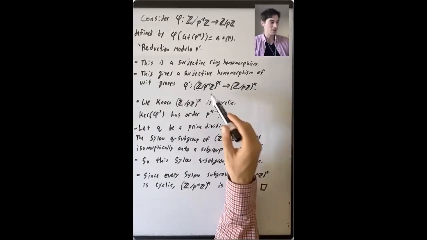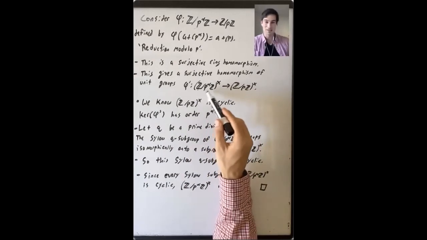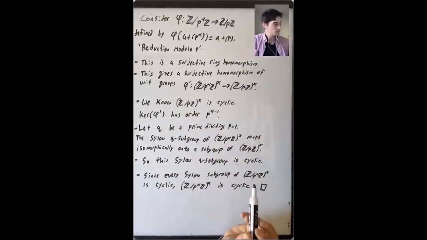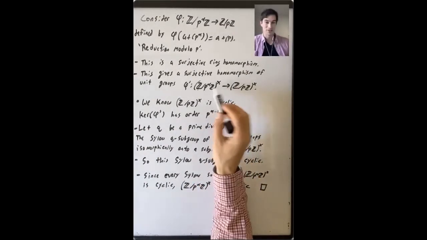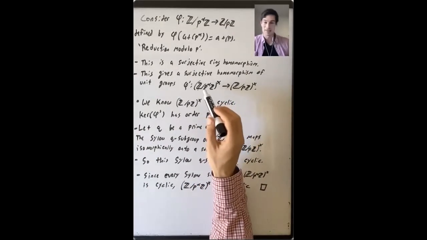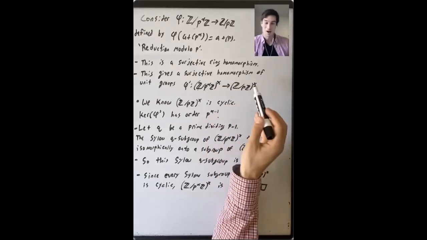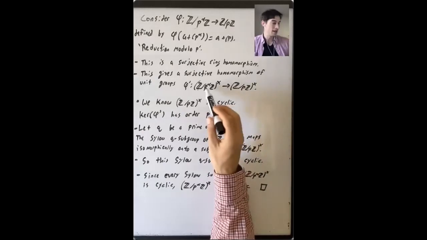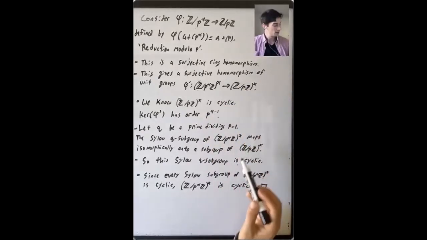So if q and p are different primes, the kernel can't intersect with the Sylow q subgroup at all. So they have trivial intersection. OK, so that means, by the first isomorphism theorem, you restrict to this subgroup, you're getting a homomorphism whose kernel is trivial. So it is isomorphic to its image over here.